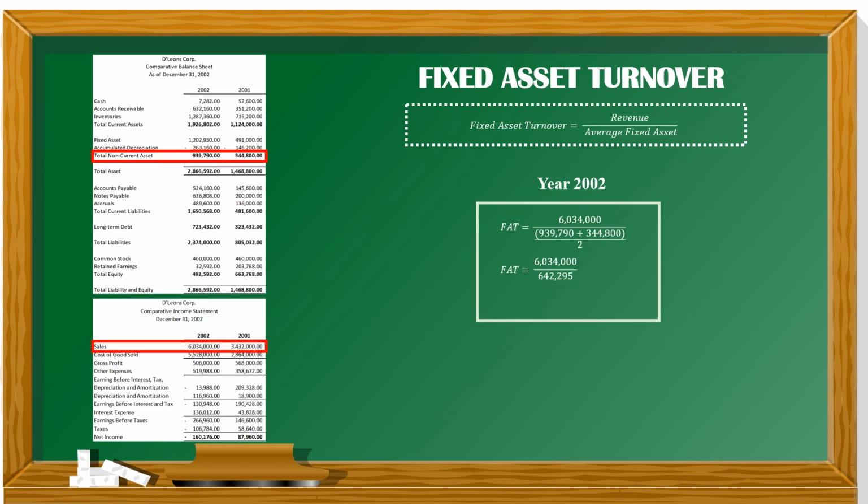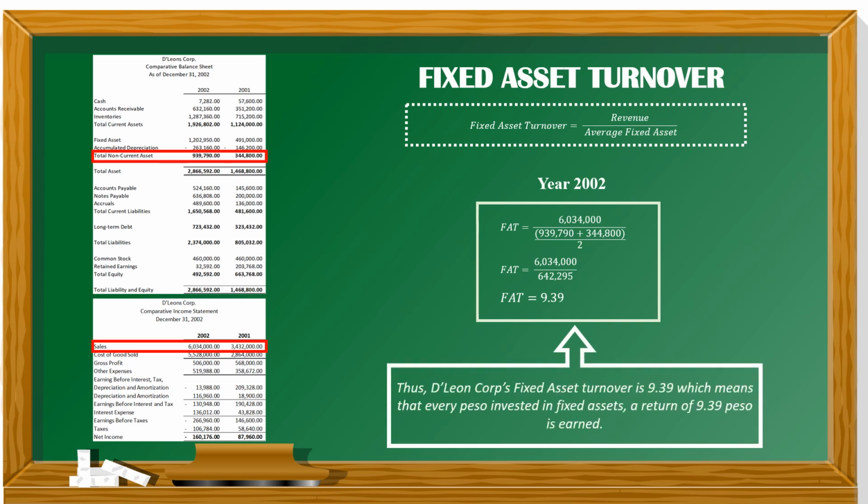So the fixed asset turnover here is 9.39, meaning to say that De Leon Corp's fixed asset turnover is 9.39, which means that every peso invested in fixed asset, there is a return of 9.39 pesos being earned by the company.